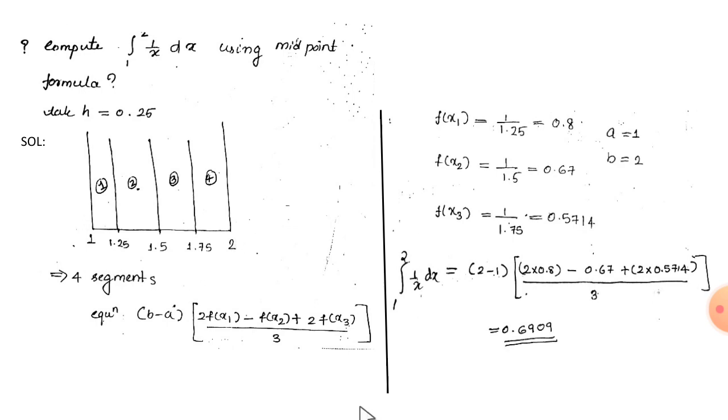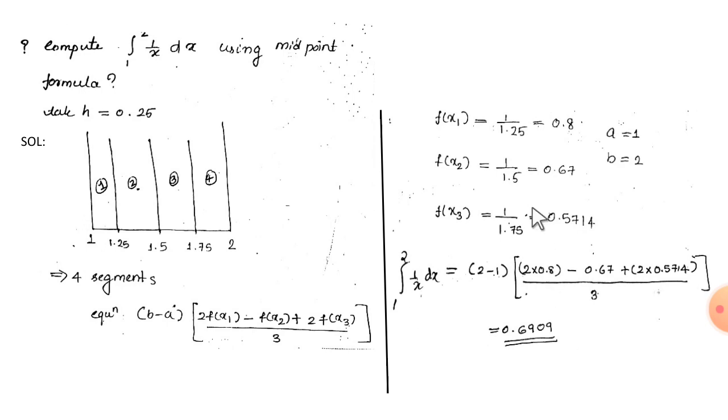So while finding f of x1 you have to replace x by the value 1.25, for f of x2 replace x by 1.5, and for f of x3 replace x with 1.75. Thus you will obtain values for f of x1, f of x2 and f of x3.